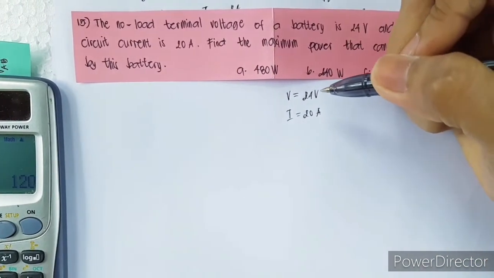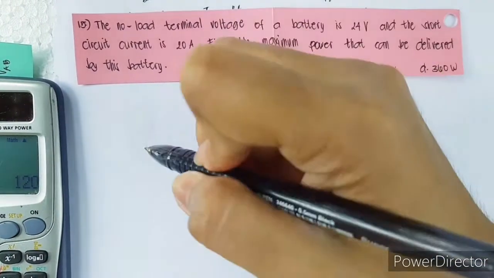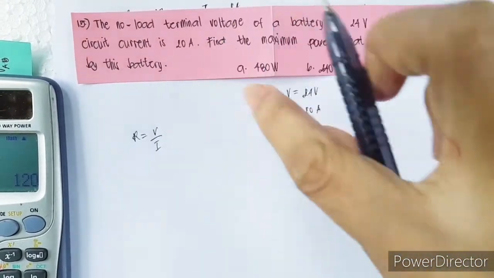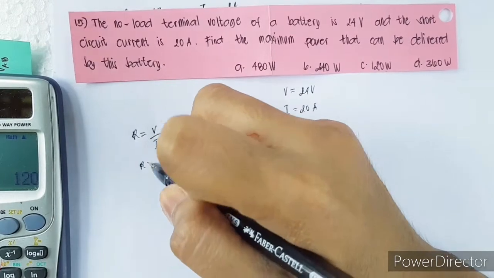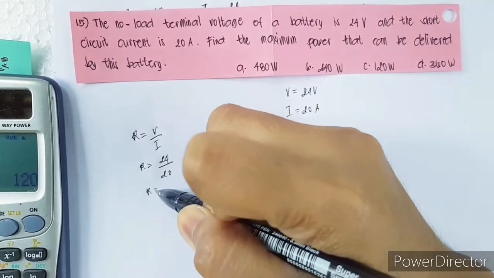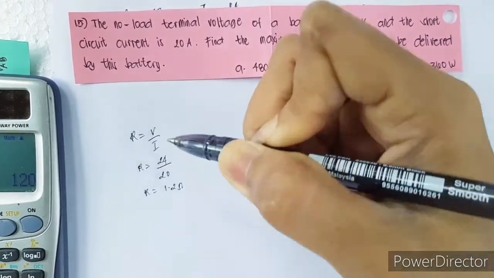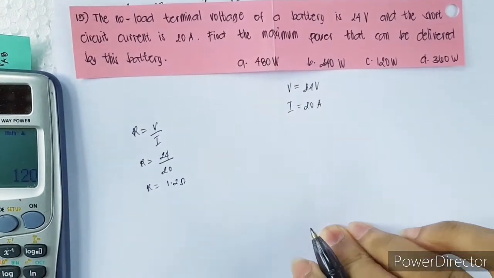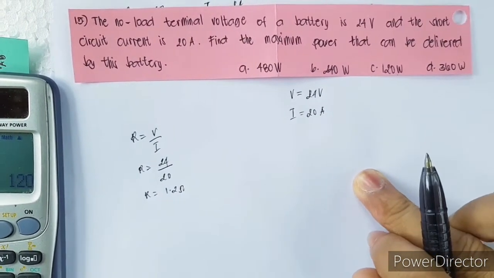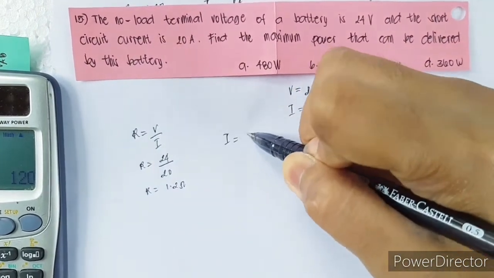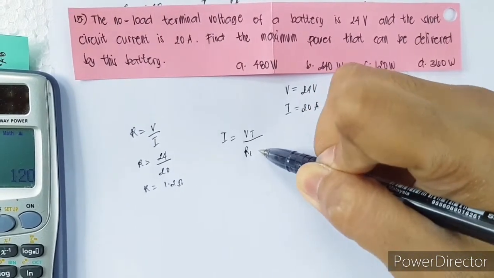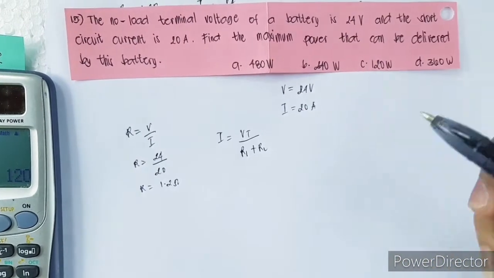So the first thing that we need to do is to find the resistance. So the formula in finding the resistance, we have here R is equals to V over I. So plug this one into this formula, so we have 24 over 20, so we get 1.2 ohms for the resistance. So the next step is to find the current. So in maximum power transfer, the formula in finding the current, we have I is equal to the voltage of the terminal over the R internal plus the load resistance.